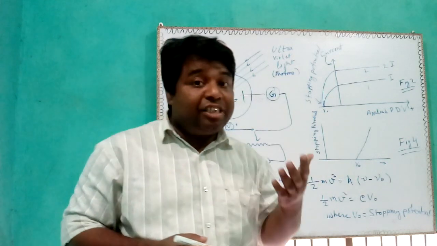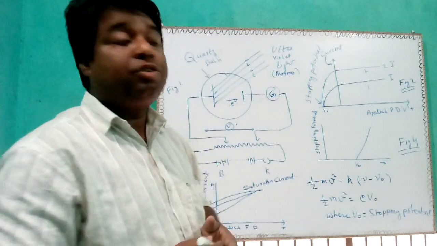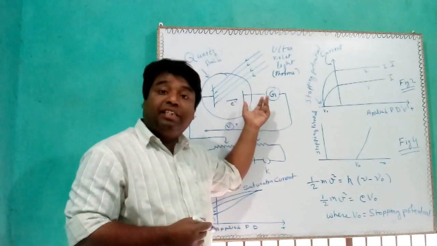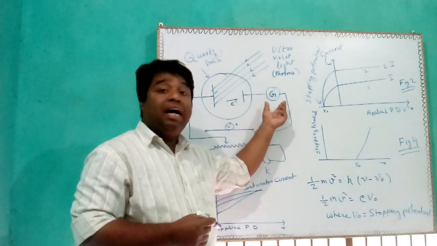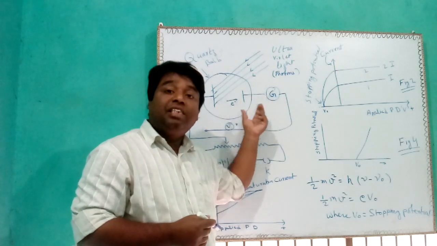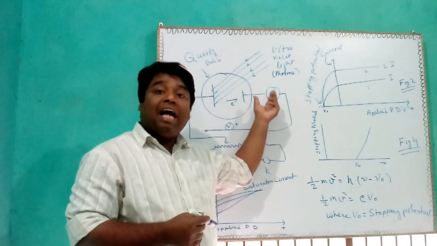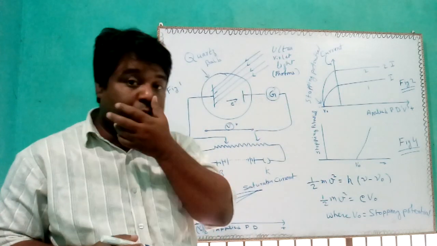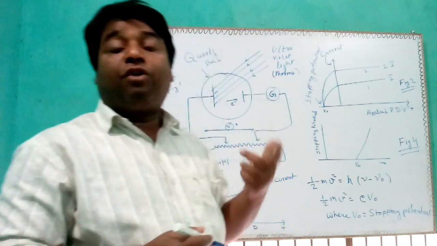If the light continues to fall, the process of ejection of electrons will continue, and the electrons will be continuously liberated, and the galvanometer will show the continuous movement of electrons from one side to the other.